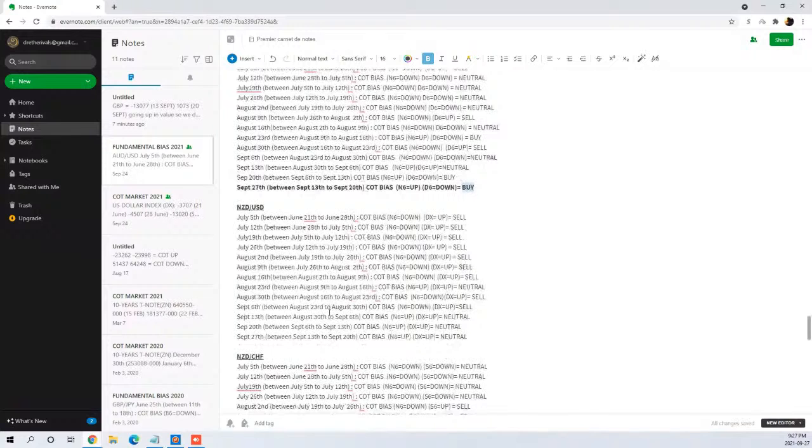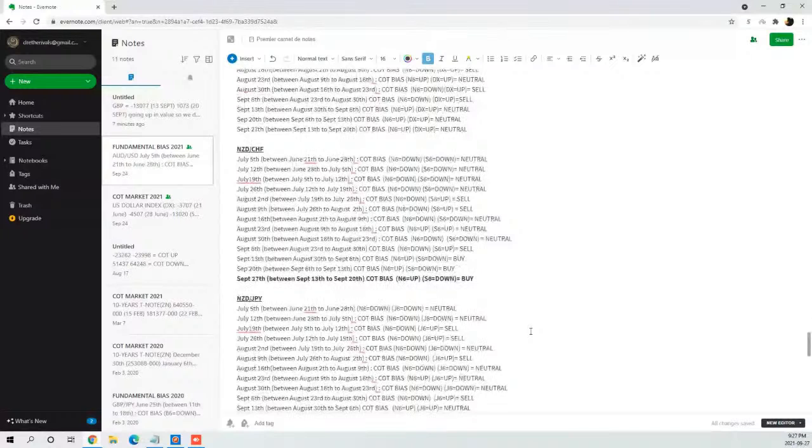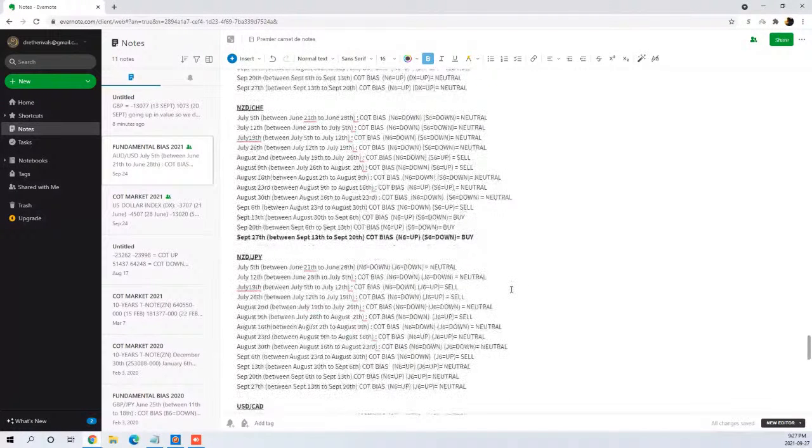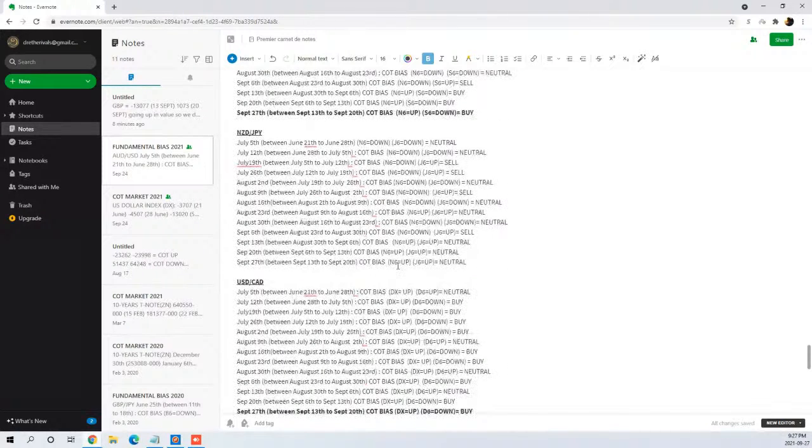Neutral for NZD USD, because it's going up, same direction. NZD CHF, we have it as a buy. NZD JPY, we have it as neutral because they're going the same direction.